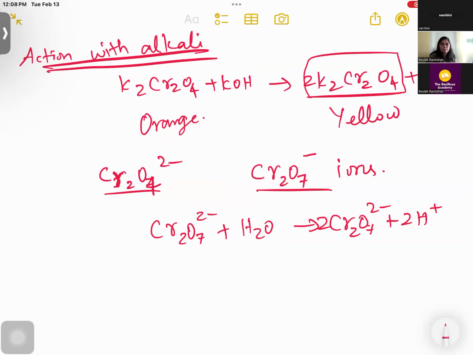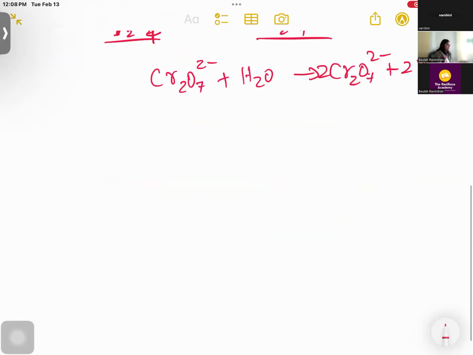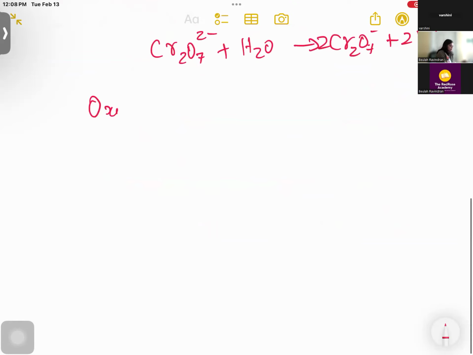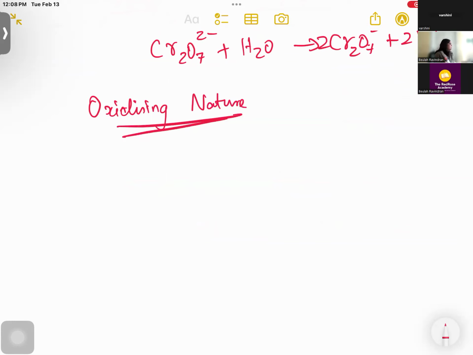Then we are going to discuss about, yeah, the time is there. So oxidizing nature, put this oxidizing nature. What is the oxidizing nature? Oxidizing means oxidation. What is the oxidizing agent? Self-reduced, right?